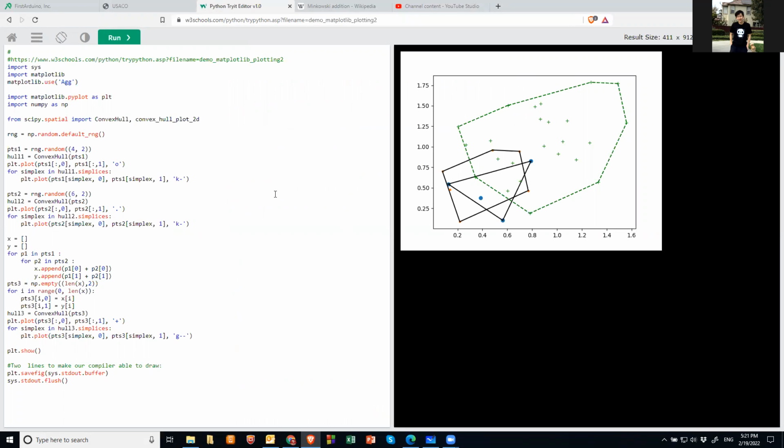Oh, there's a question here that says, do I need to learn Python? No, you don't need to learn it. And of course, USACO allows you to use Python. I used it here because I use Python for plotting. I use Matplotlib, and it actually has a convex hull algorithm in the SciPy library.